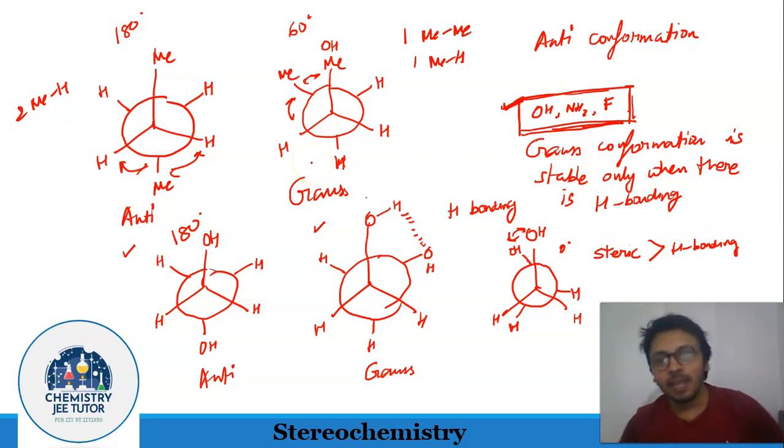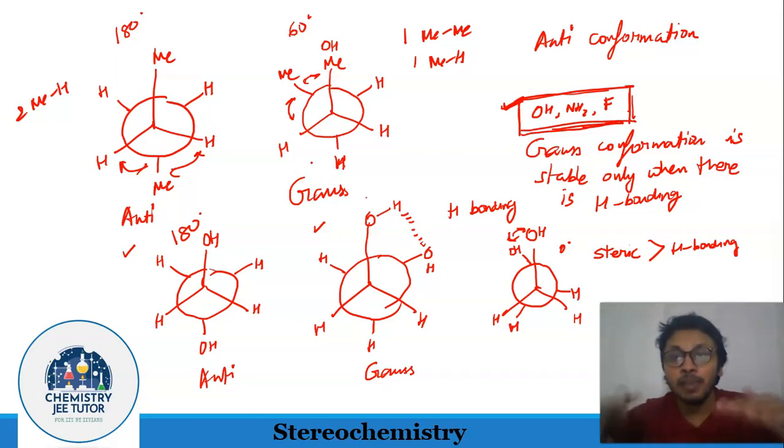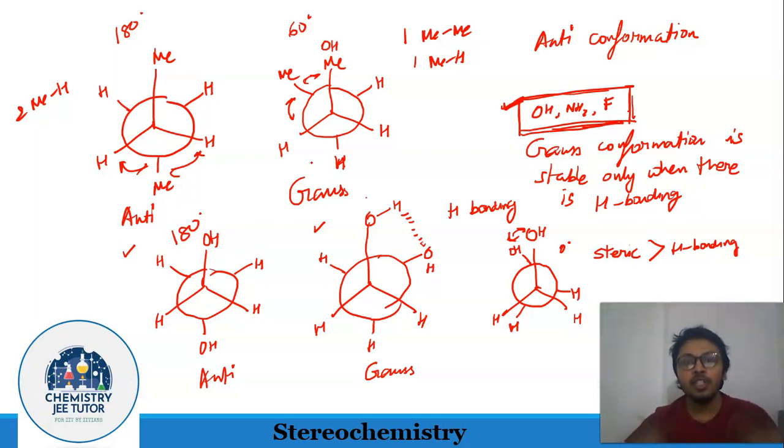So again I say only two conformations may be stable, either the Gauche or anti. Fully eclipsed always lies in between. How do you depict? You see hydrogen bonding. If hydrogen bonding is possible, Gauche conformation. If not, anti-conformation. It's very simple. You only look for hydrogen bonding. So I hope if you are asked any question about which projection is most stable in Newman projection, you can do it. Okay, we'll come across questions later.